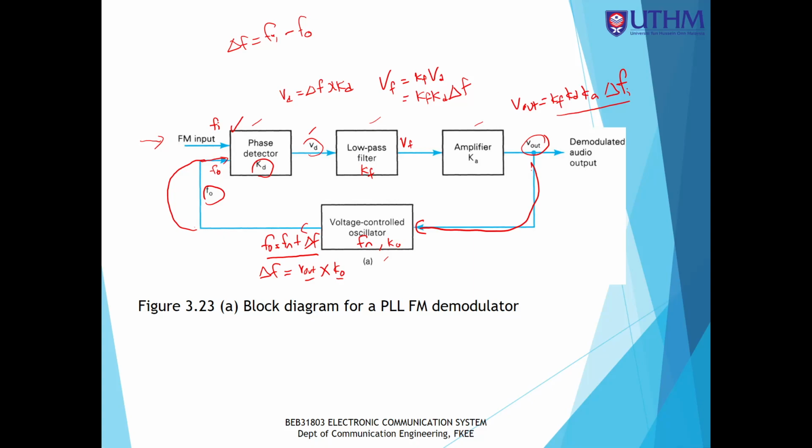What happens if there's no input? That means it will always be looping in the same frequency. No change. So the system will be at rest when there is no input. But when there is an input, it will start comparing to find the desired frequency.